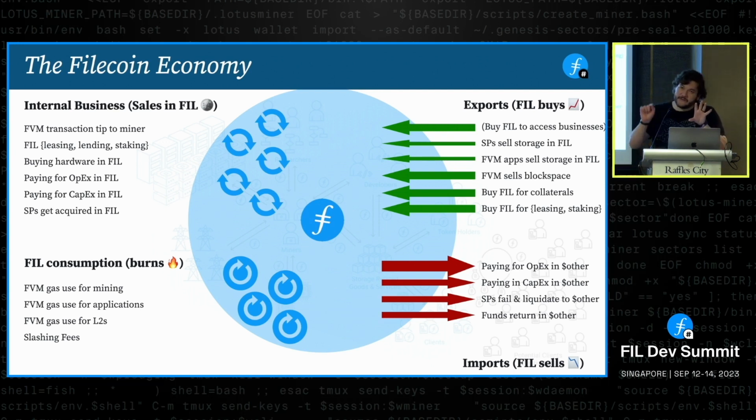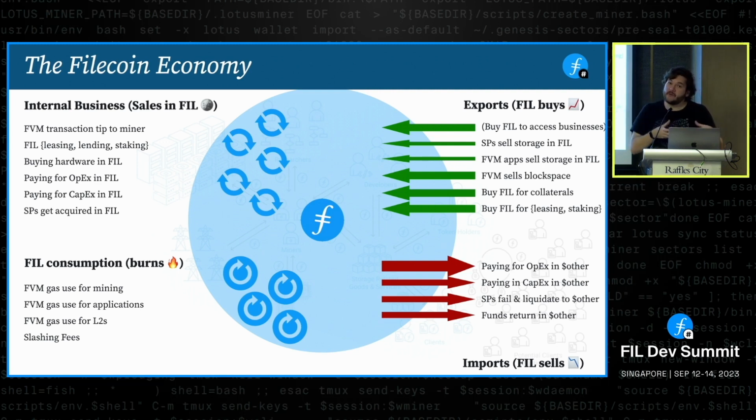So by modeling these flows and understanding how they move, that's how you can get a sense of the value of the economy. And remember that there's a block reward emission that's happening here. I need to actually add it in. There's a key component that's an internal business where the block reward emission is paying for the broader accumulation of hardware and the broader production of the service itself.